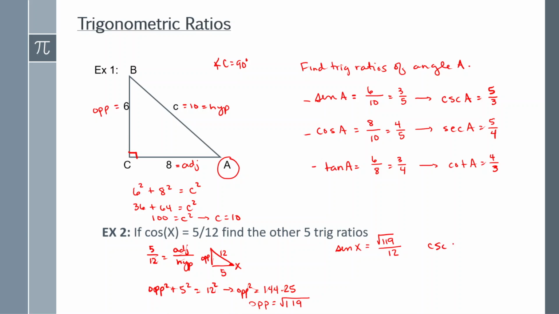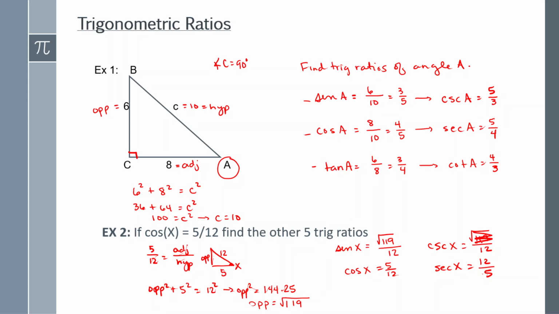That gives me cosecant. I know cosine. They gave me that. That will allow me to find secant as its reciprocal.